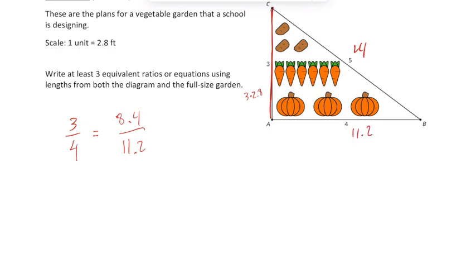So we can also write 4 over 5 is 11.2 over 14. We could write 3 over 5 equals 8.4 over 14. There's a lot of different things you could have written down, but all of them are equivalent ratios.